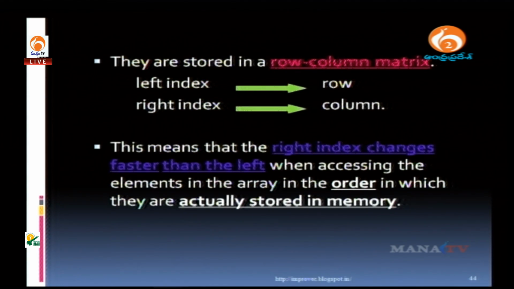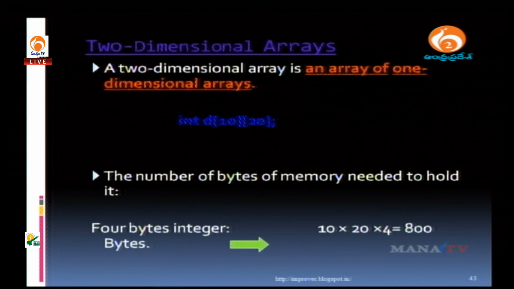The left index is treated as the row. Here in int d[10][20], d[10] is nothing but the left index.